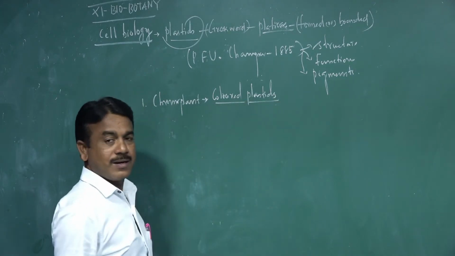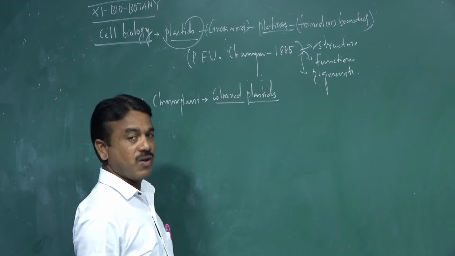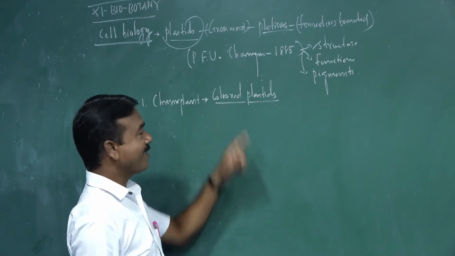These generally occur in different kinds of fruit structures and flower structures, because they are colored plastids.